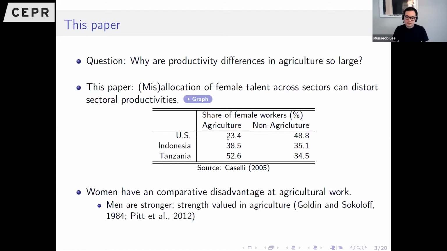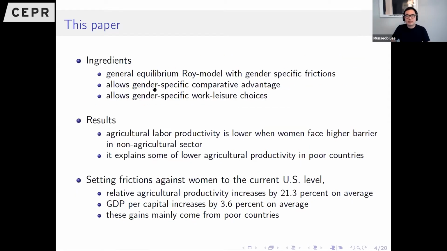There is a consensus in the literature that women have a comparative disadvantage at agricultural work. This is solely because men are physically stronger and strength is valued in agriculture. Given this motivation, what do I do in this paper? In order to discuss the comparative advantage structure, I will introduce a general equilibrium model.